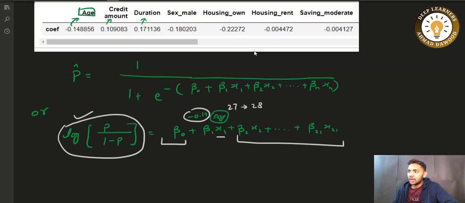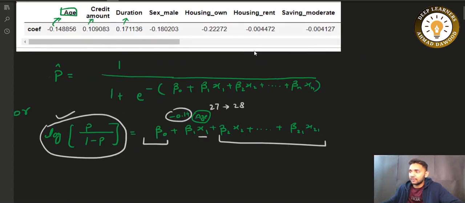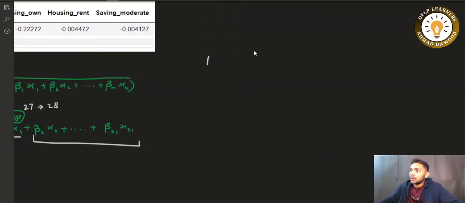Normally we will look at this in detail, but before that, I hope you got an idea that coefficients have some impact. Here, this is probability, and probability is directly proportional to the log odds.